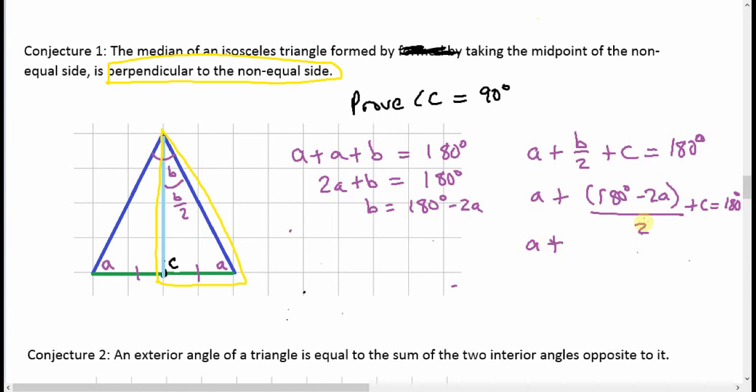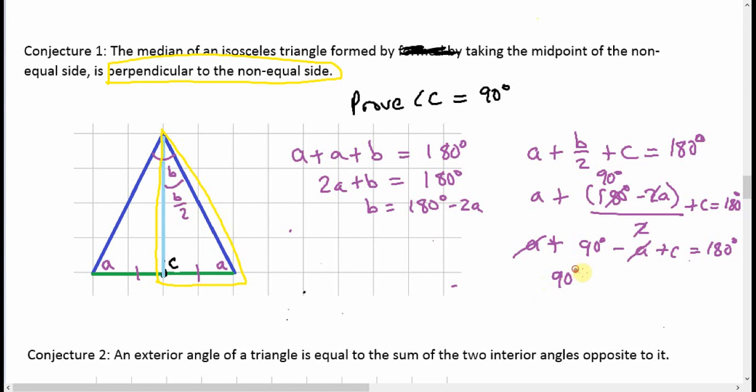Let's simplify here. 180 degrees minus 2A, all divided by 2, gives us 90 degrees minus A. I divided 2 into both things, because everything's divided by 2. Plus C is equal to 180 degrees. We have A minus A, they're like terms, and they cancel each other out.